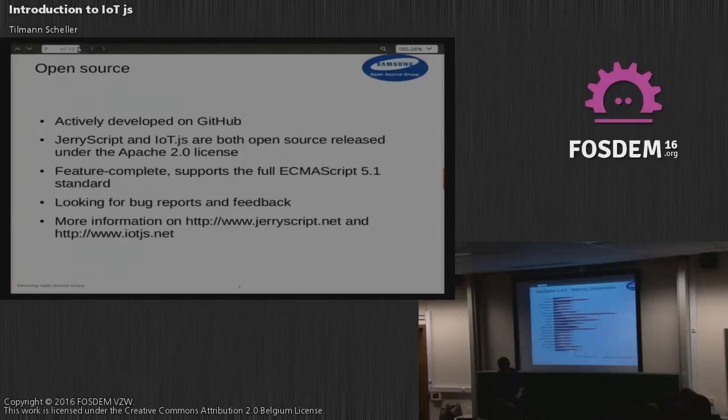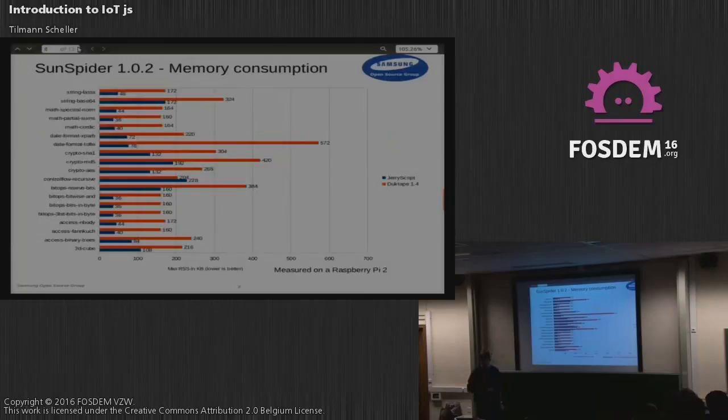And just to give you an impression of the memory consumption, I have a slide here where we are running the SunSpider benchmark, and unfortunately you can't see it here, but the blue represents JerryScript, and red is Duktape. So for those of you who haven't heard about it, Duktape is another open source JavaScript engine which aims for a really low footprint.